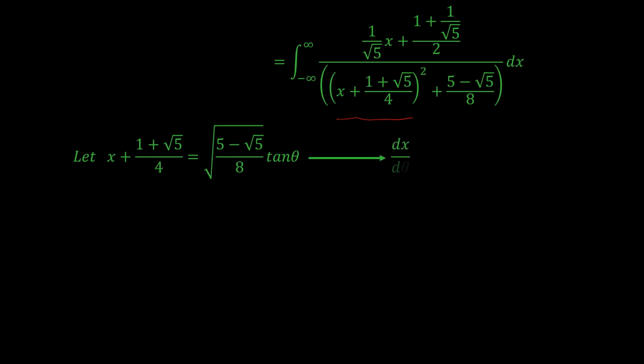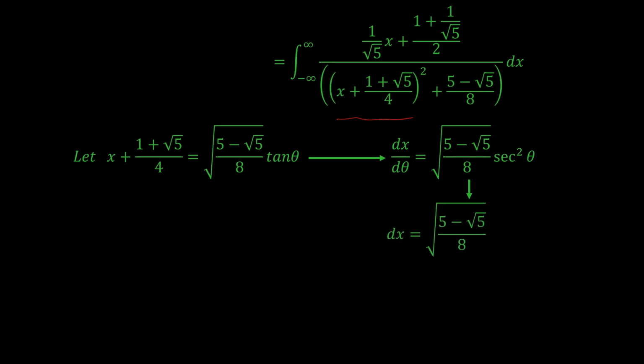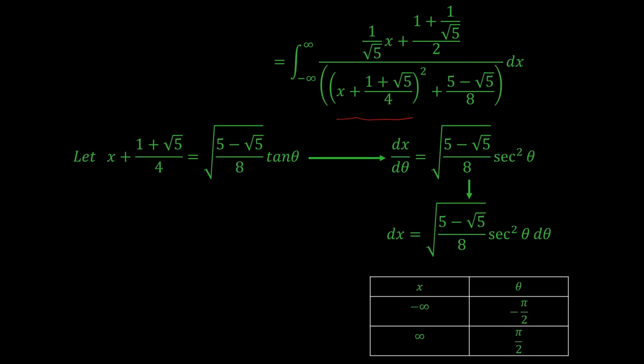And so dx d theta is the same as square root of 5 minus root 5 over 8 sec squared theta. So we can substitute dx with square root of 5 minus root 5 over 8 sec squared theta d theta. And then for the limits, as x tends to negative infinity, theta tends to negative pi over 2. As x tends to positive infinity, theta tends to pi over 2.